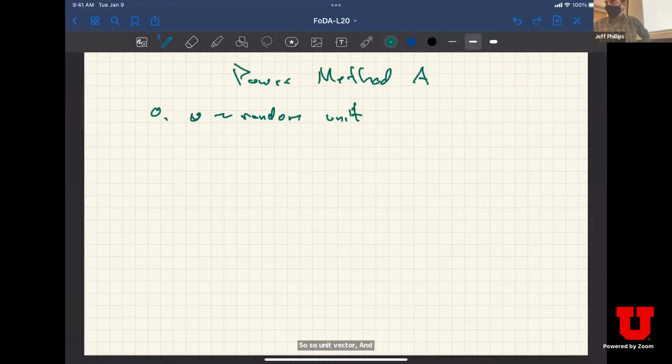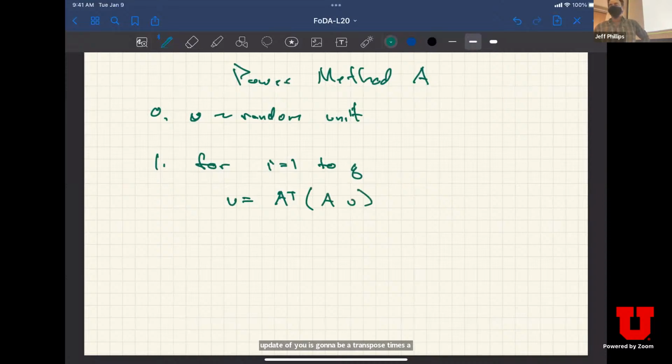And then step one is, again, a for loop, i equals 1 to Q. Now I do the update: U is going to be A transpose times A times U. So instead of updating by M, I multiply times A, and then I multiply by A transpose. And then the output is that V1, the first right singular vector, is going to be U divided by the norm of U.